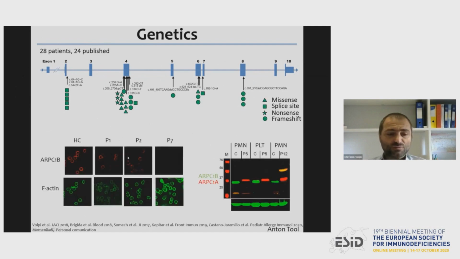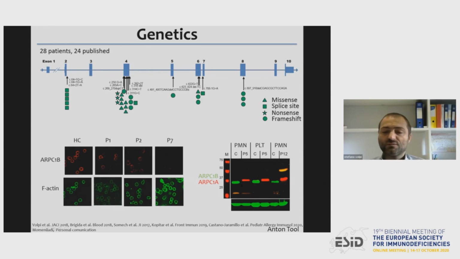Most of these mutations, or all of those described so far, cause a decrease in protein expression. Here you see three patients. This is immunofluorescence with ERBC1B in red and actin in green. You see a decrease or a complete absence in some patients, and this is the control. This is another interesting feature on protein expression: ERBC1B here is in green, and ERBC1A, which is an isoform, is in red, with a control and a patient.